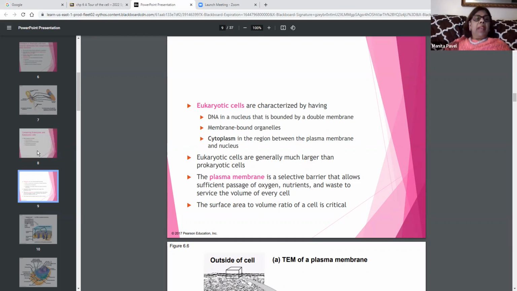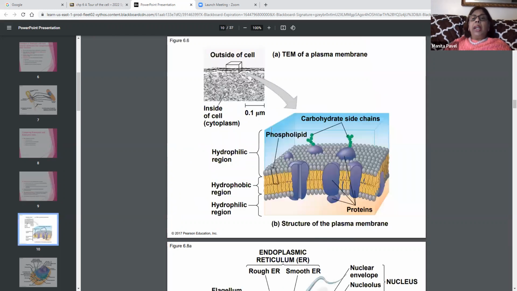So when we look at the cell now, we can see here, this is what our plasma membrane looks like. Our plasma membrane is a very intricate structure. We refer to it as the phospholipid bilayer, meaning our plasma membrane consists of two layers of phospholipids.